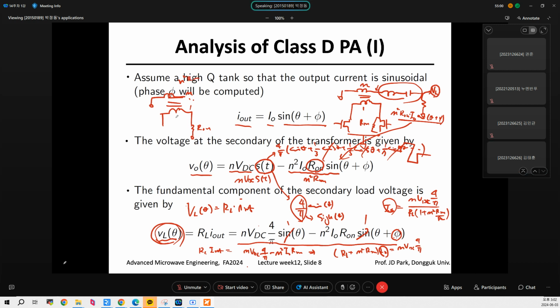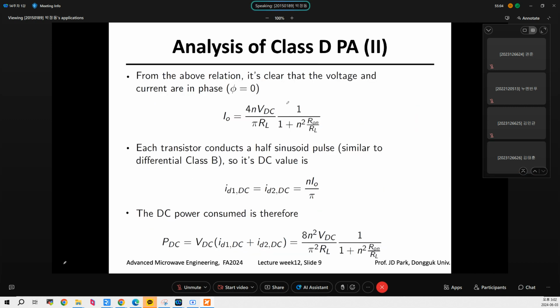Make sense? So that means this ID1 should be scaled like this way, right?